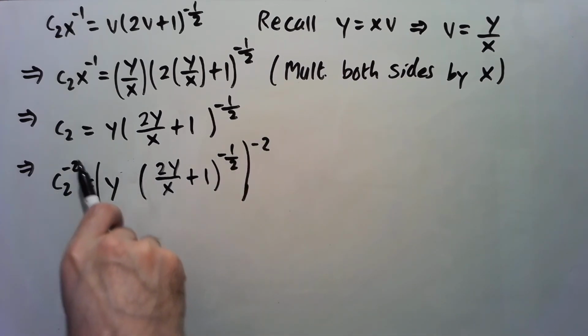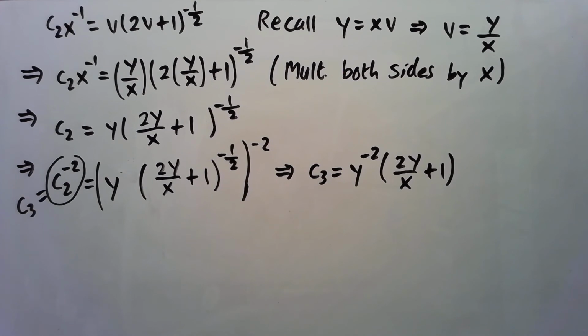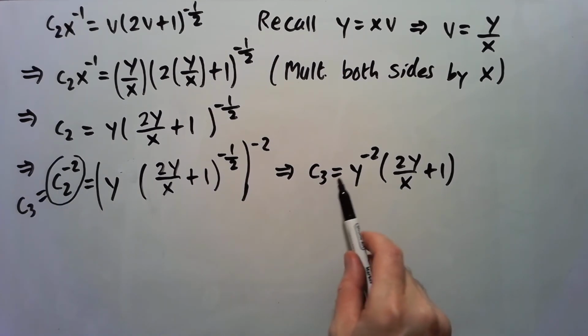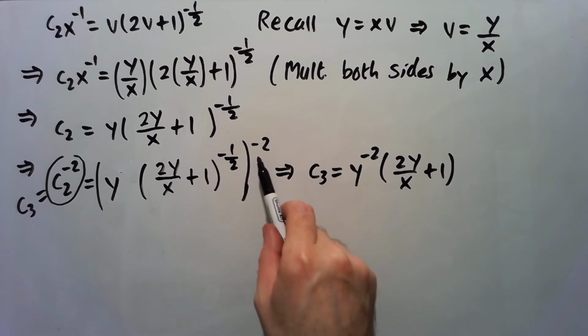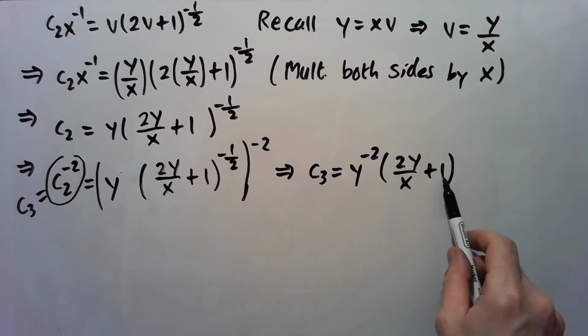I'm going to call the c2 to the minus 2, c3, just for ease of notation, just some constant. Then it's going to be y to the minus 2, and minus 2 times minus 1/2 is 1, so it's going to be 2y over x plus 1 here.